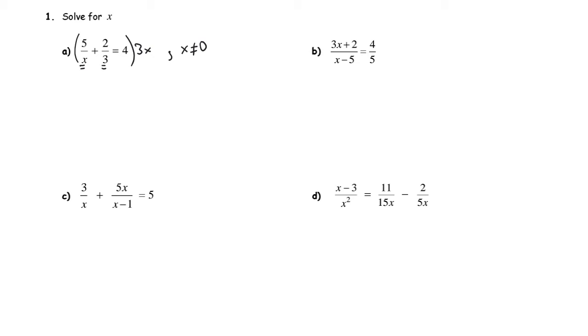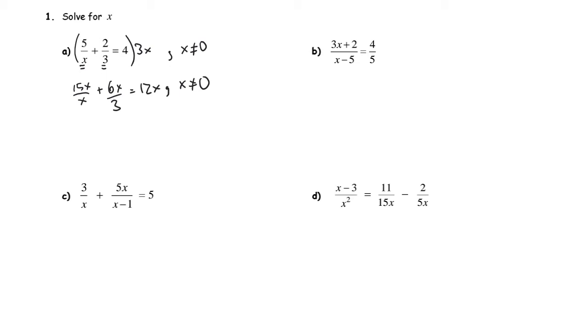Now, when I multiply that through by 3x, we're going to get 15x over x plus 6x over 3 equals 12x. That's when I distribute that 3x through to every term there. I'm multiplying every numerator by that 3x. x can't equal 0 again. That's going to stay there.